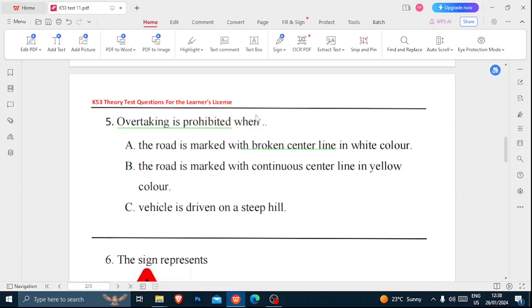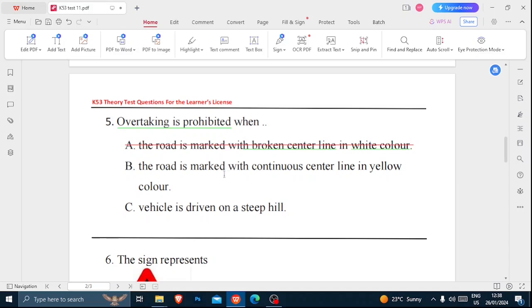But when you talk about a continuous white line, this means that you cannot cross. So here we are talking about overtaking being prohibited. Prohibited is our key word. It's prohibited when the road is marked with a continuous white line. But this one is saying it's broken, so this one is incorrect.